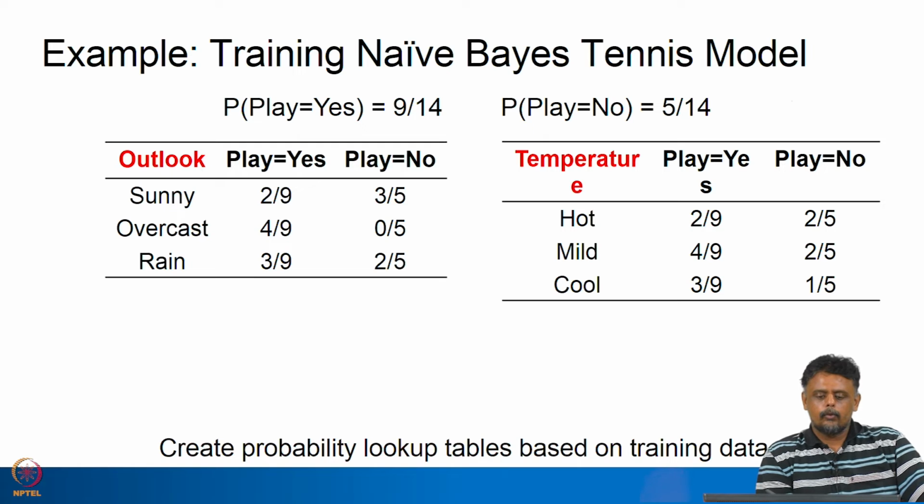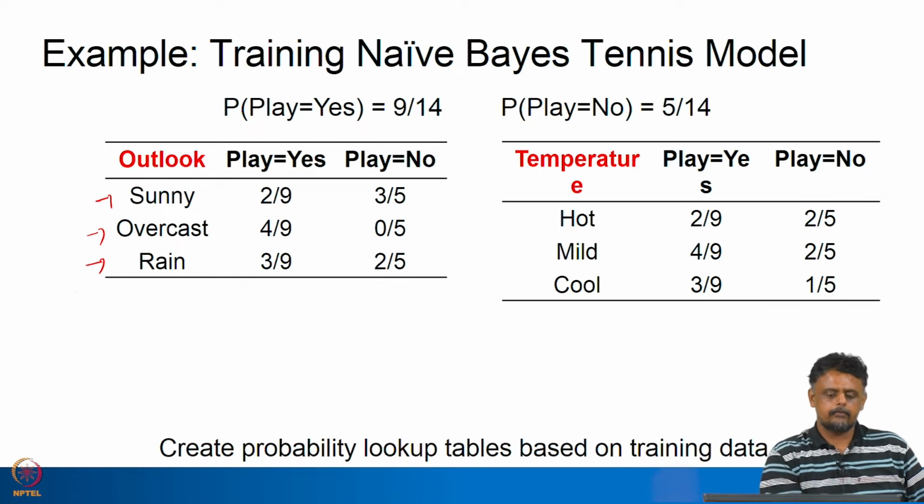And we calculate the probability of that particular feature given the class. So how do we do that? The outlook takes values sunny, overcast and rainy.